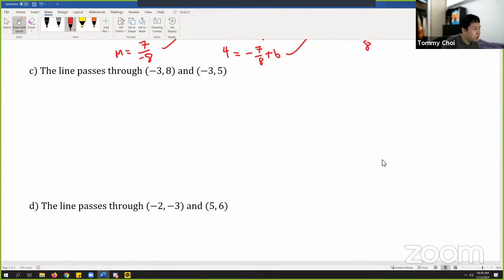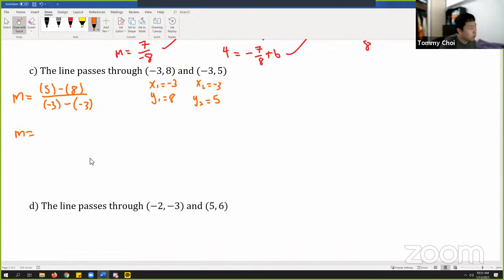Next one here, question C. x1 is negative 3, y1 is 8, x2 is negative 3, y2 is 5. Plugging it into my slope formula, I'm going to get 5 minus 8 over negative 3 minus negative 3.